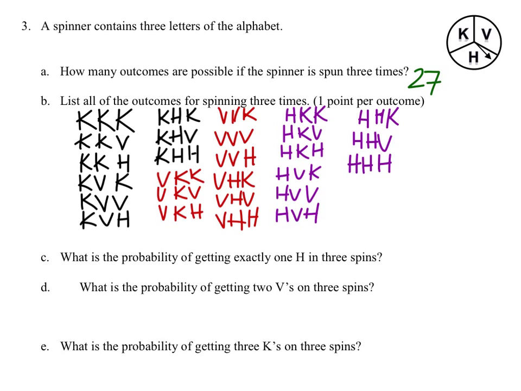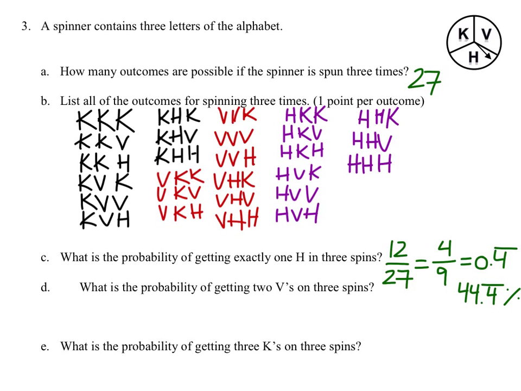So exactly one H in 3 spins is 12 out of 27 total outcomes, which we can simplify by dividing both by 3 to 4/9, which as a decimal is 0.4 repeating, or 44.4 repeating percent.